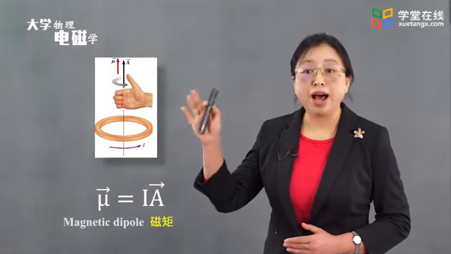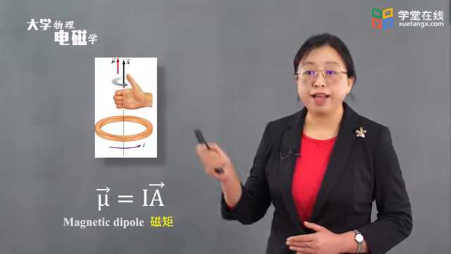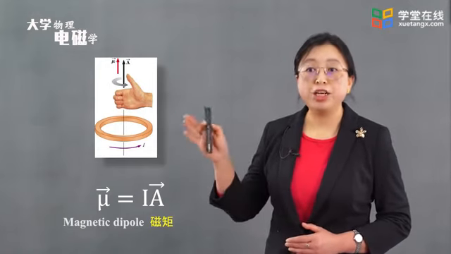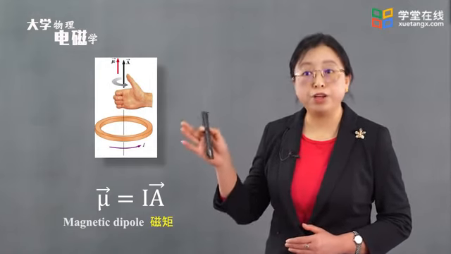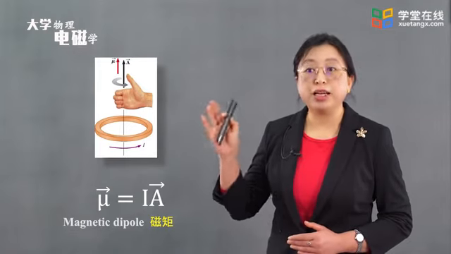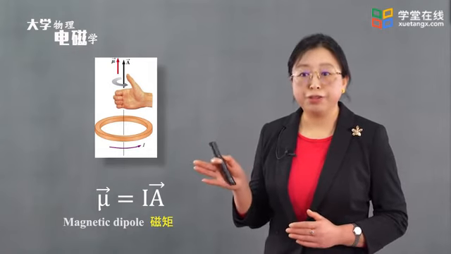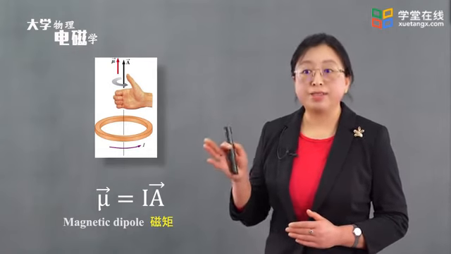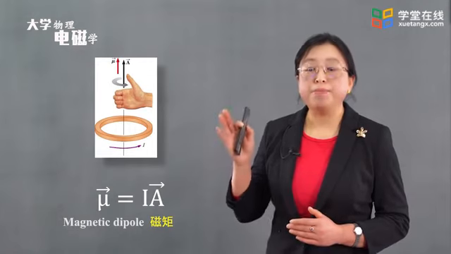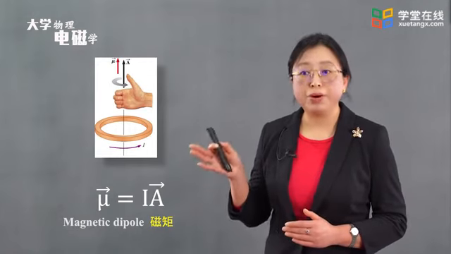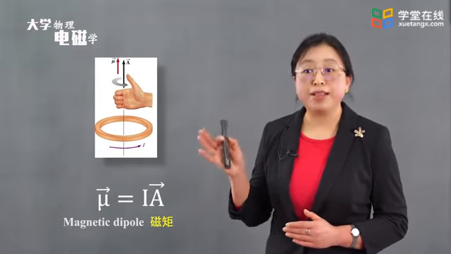Mu equals I A, where A is a vector. The vector A is perpendicular to the plane of the loop and has a magnitude equal to the area of the loop. The magnetic field on the central axis has the same direction as the magnetic dipole moment, which is determined by the right-hand rule.